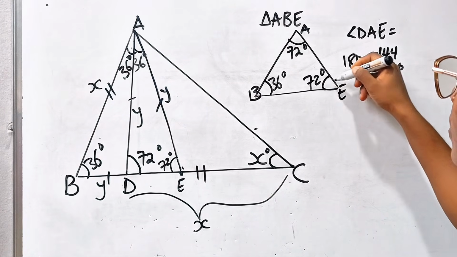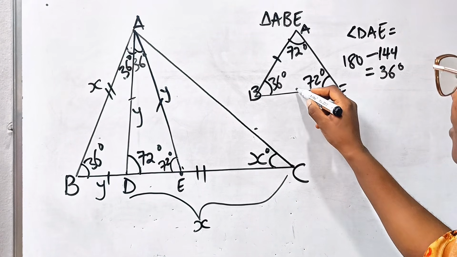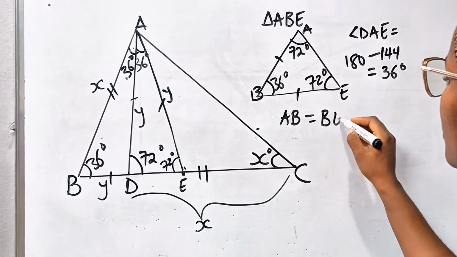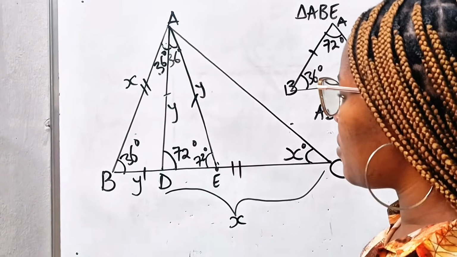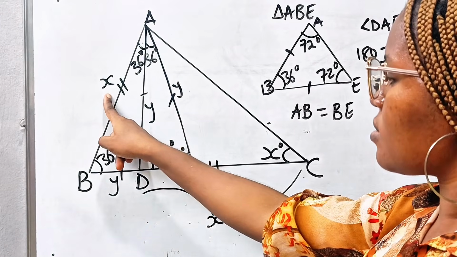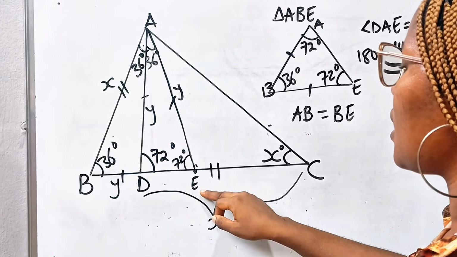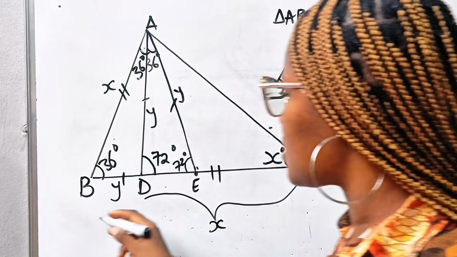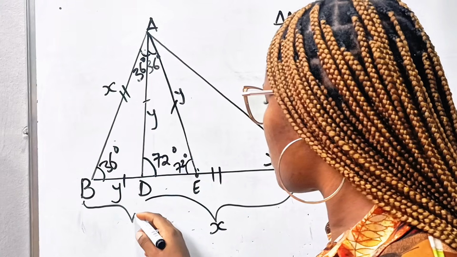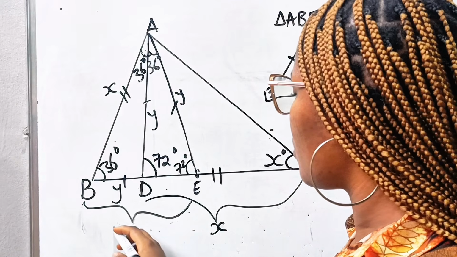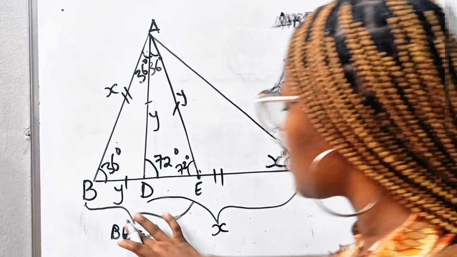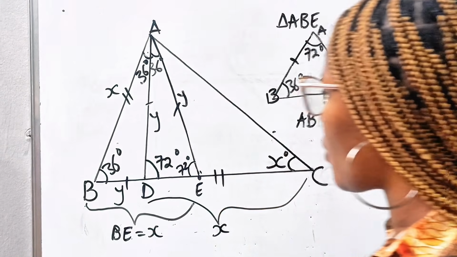So if these two base angles are equal, it means that this side is equal to this side. That is, AB is also equal to BE, right? So it simply means that from here to here is also equal to X. So BE is also equal to X. This is E. Alright?